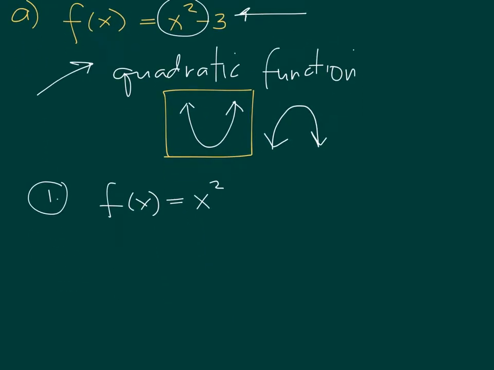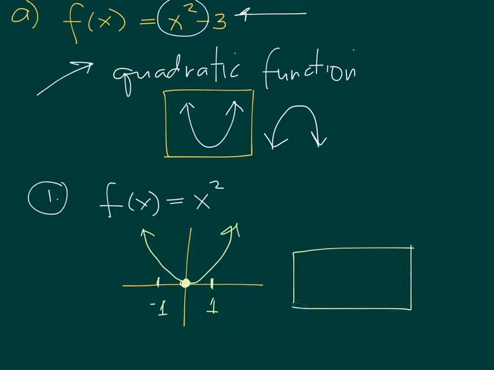Okay, so for f of x equals x squared, it is a parabola whose vertex is at 0, 0, and it opens upward. Now to denote more points on the graph, we can identify numbers like 1 and negative 1. When you plug in those values into the function, we already know that the vertex is at 0, 0.